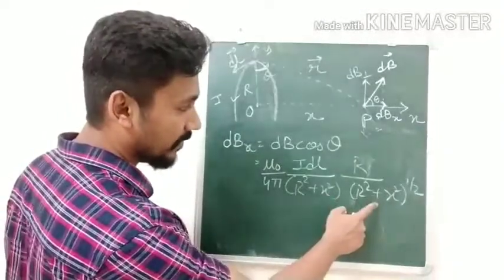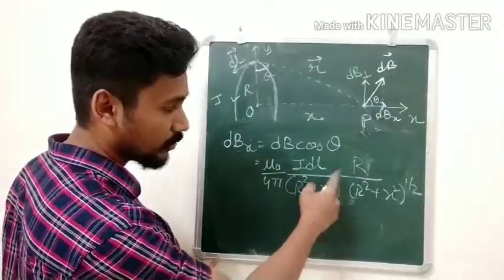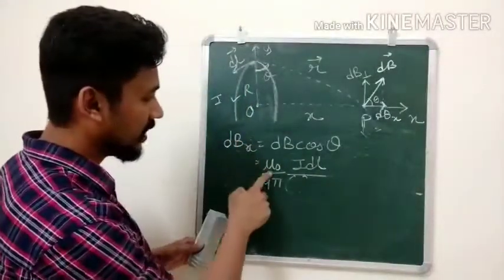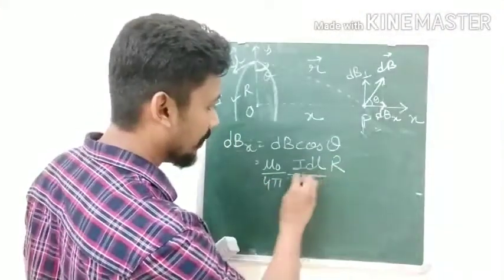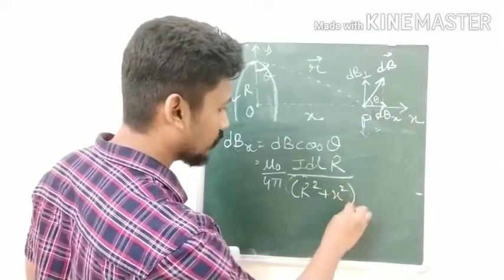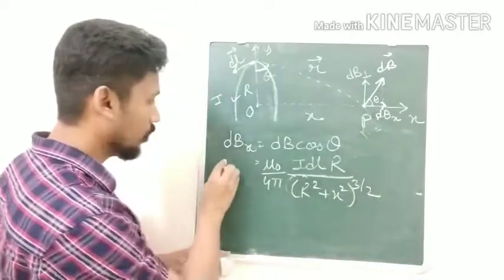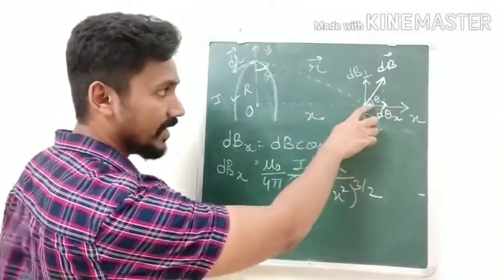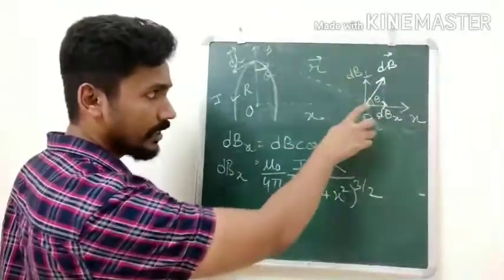This bracket multiplied by this bracket gives r square plus x square to the power 3 by 2. So we can write this as dBx equal to μ0 I dl R upon (r square plus x square) to the power 3 by 2.